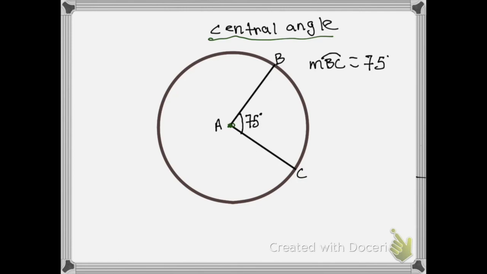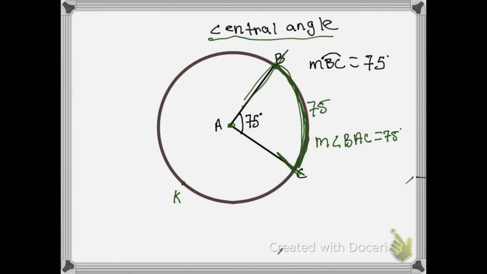So in this case, the measure of angle BAC is 75 degrees. That means that the arc intercepted by that angle, this arc right here, BC, the arc trapped in that angle, would also be 75 degrees, right? Or if our central angle is 75 degrees, then that means arc BC is also 75 degrees.